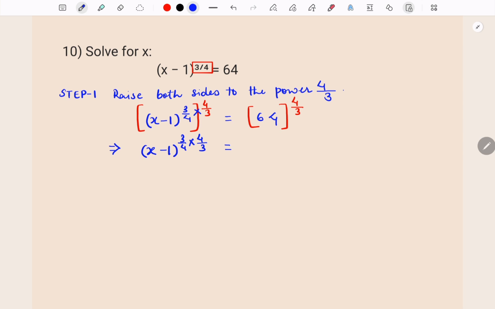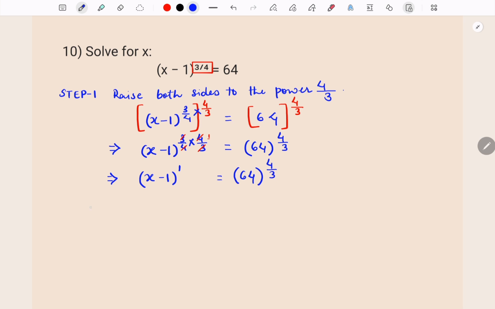And at the right hand side of the equation we have 64 raised to the power of 4 over 3. Now look closely here. I can cancel out the 3's and the 4's, and that would leave me with x minus 1 raised to the power of 1. And here I still have 64 raised to the power of 4 over 3.